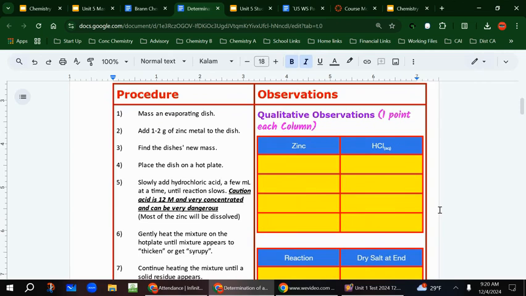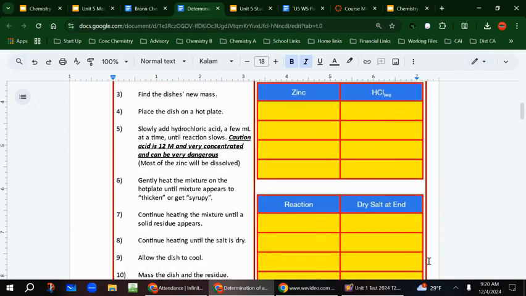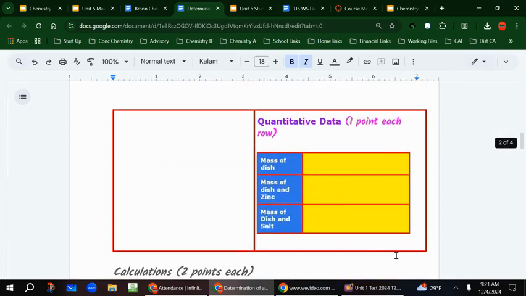So you are going to take this dish off of your hot plate. You are going to put it on your balance, and you are going to find and record its mass. And that is a little bit further down in the lab, ladies and gentlemen. That is right here, the mass of this dish. Okay? So you don't zero the balance with it on there. You zero the balance, you put it on there, you find the mass of that dish. Questions?